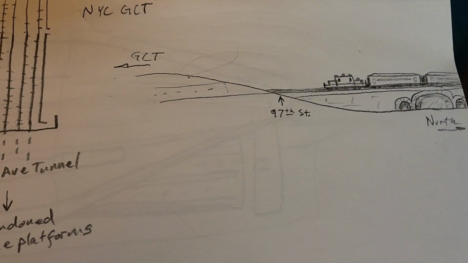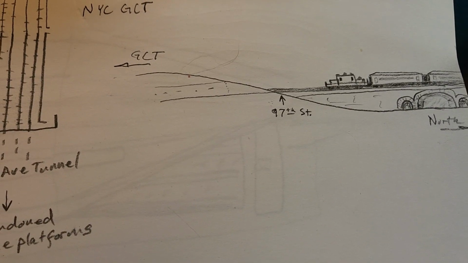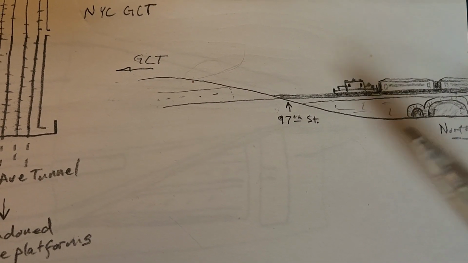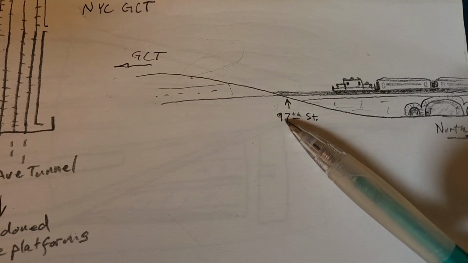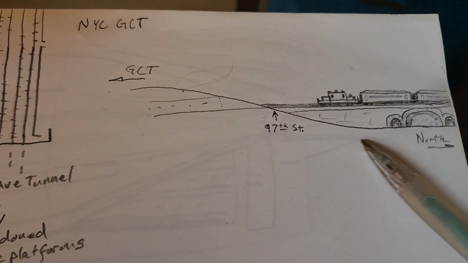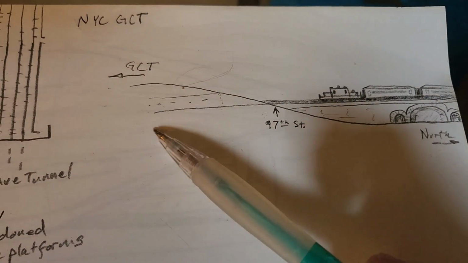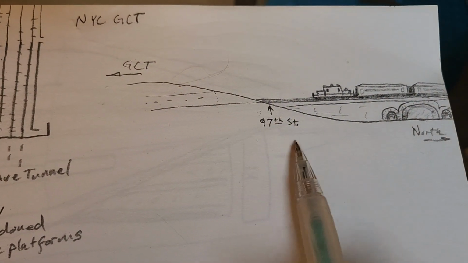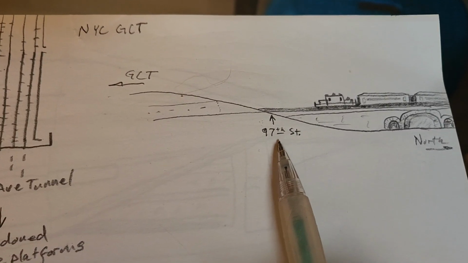So, I've been thinking about this a lot lately, and I'm not sure what part of Manhattan this space exists in, but I'm pretty sure it's somewhere around 97th Street.